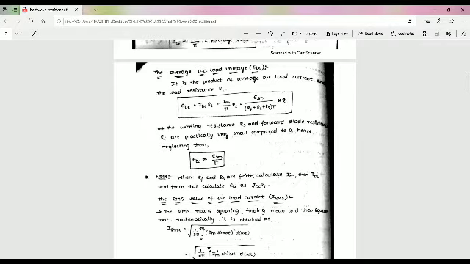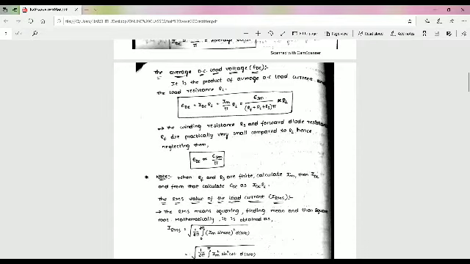Substituting IDC equals Im by pi, EDC equals Im by pi into RL. With Im equal to ESM by RF plus RL plus RS, this gives ESM by pi into RL divided by RL plus RS plus RF.